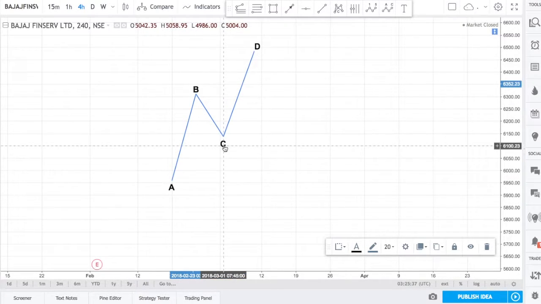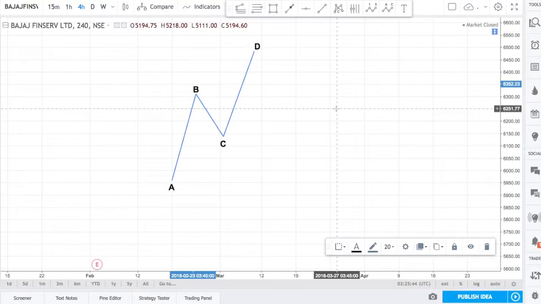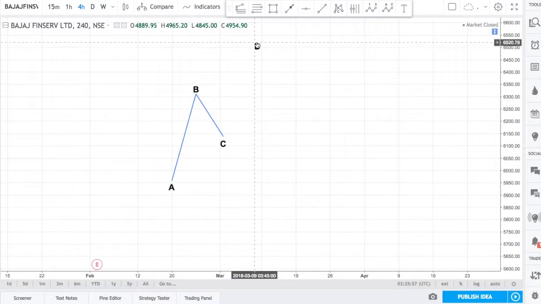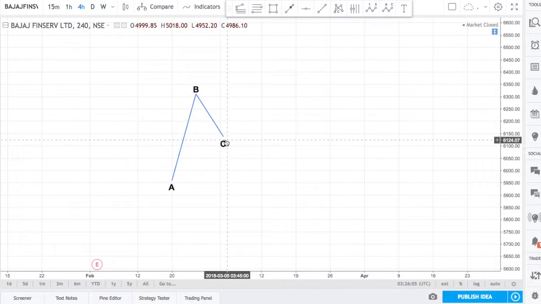This is our AB leg and BC, or the retracement leg.